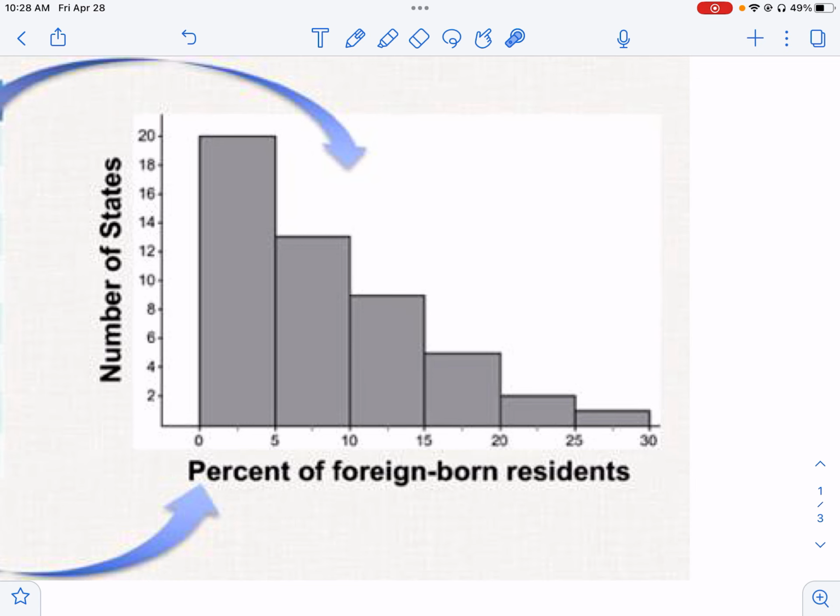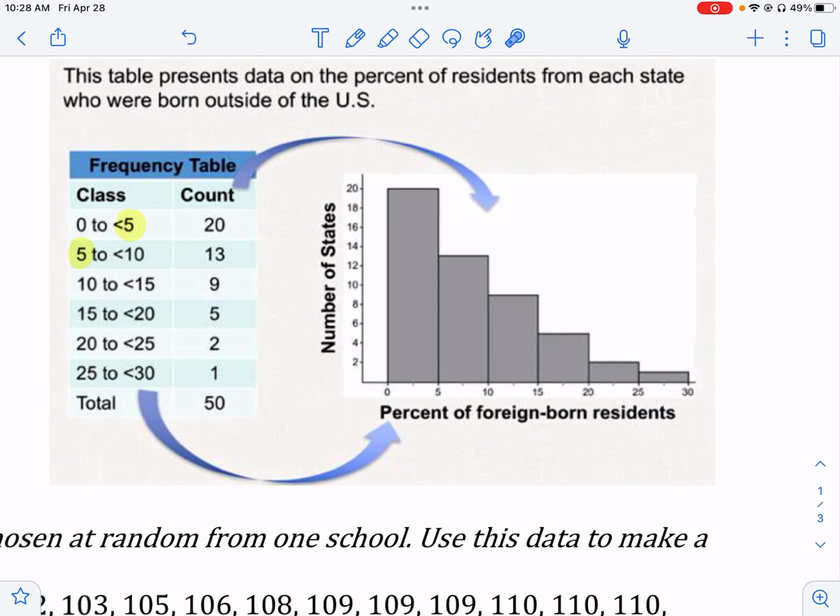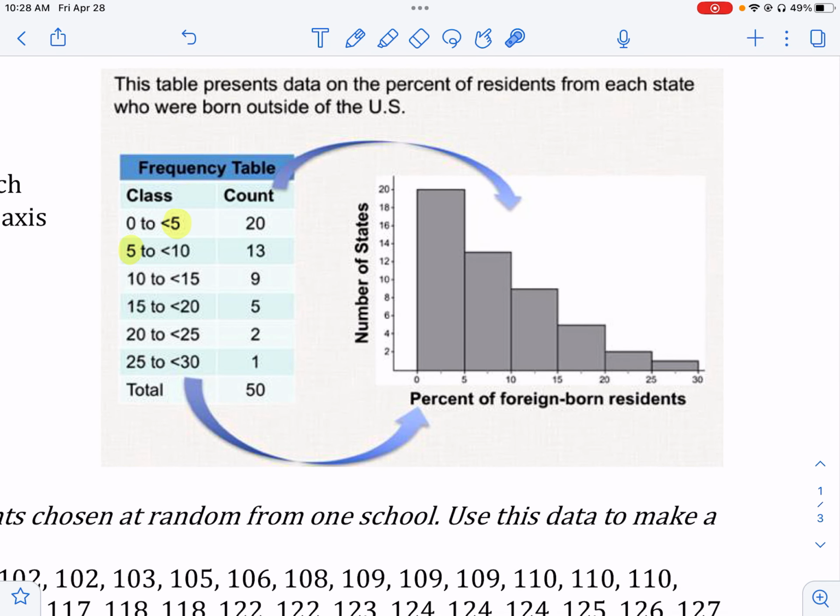So this table is presenting the percent of residents from each state that were born outside of the US. So down here, because for each state we are getting their percent, then down here we have percents, and our percents go from 0 to 30. If we had a higher percent, we know the percents could go all the way to 100, then our x-axis would go from 0 to 100.